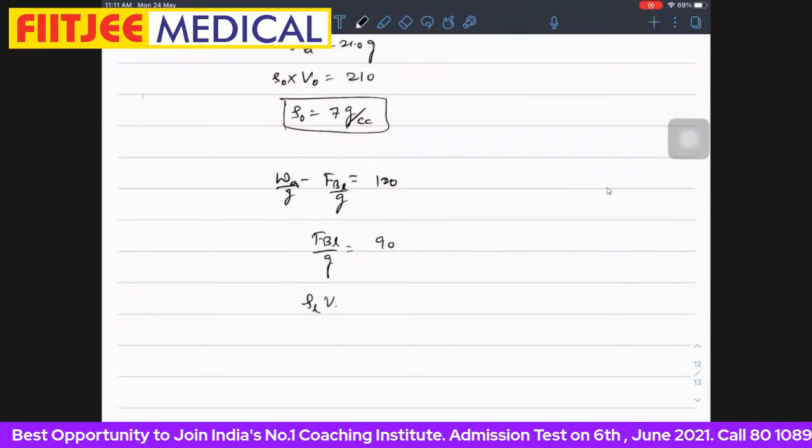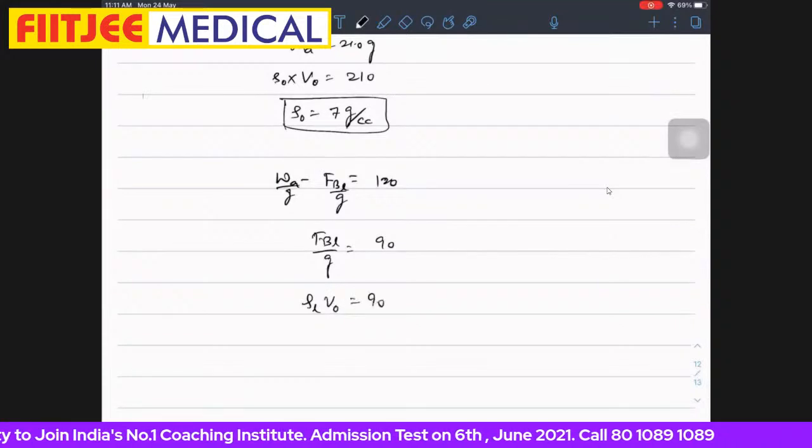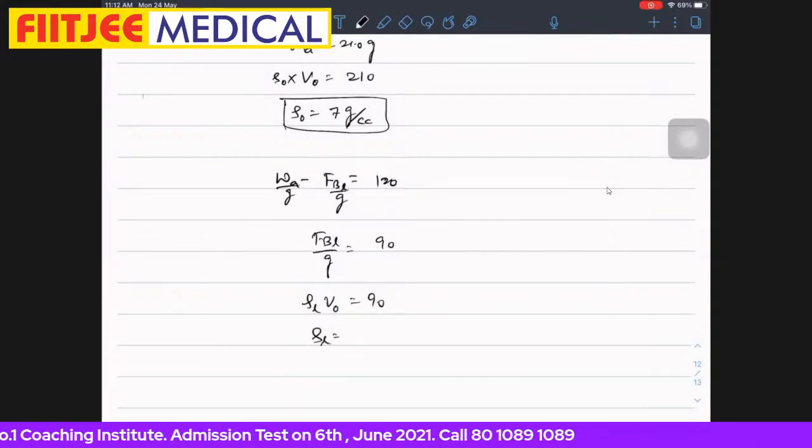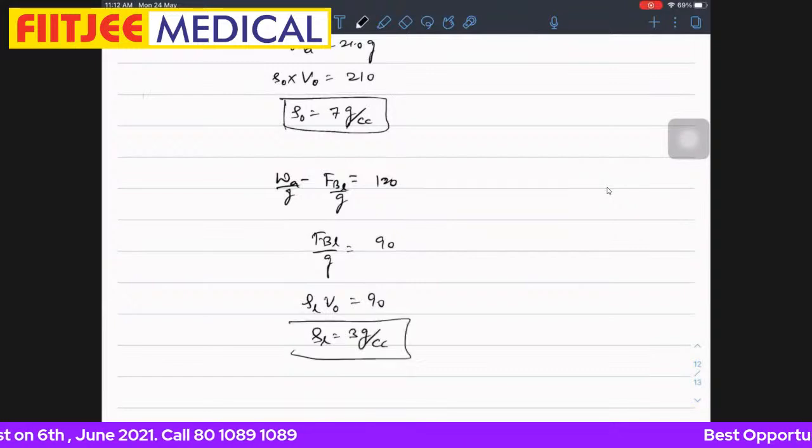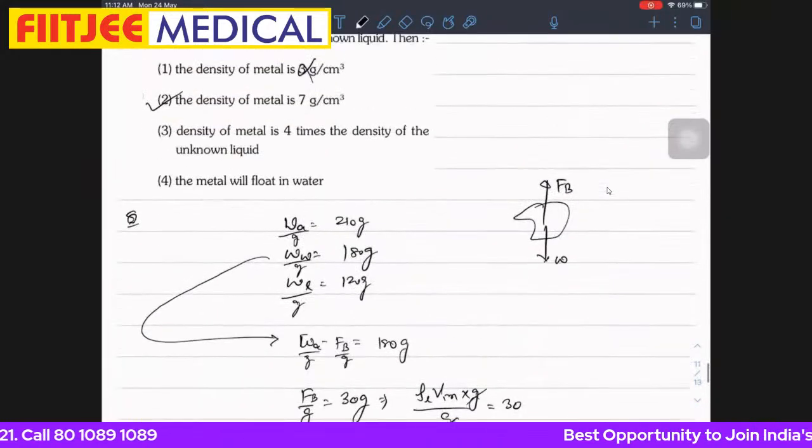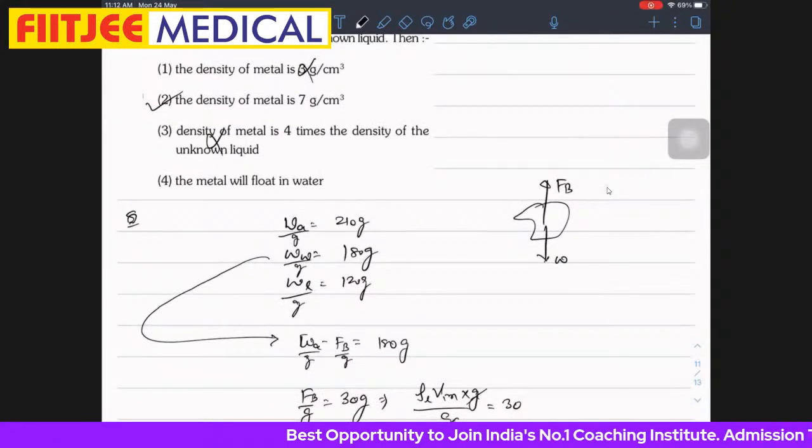So density of liquid into volume of the object is 90. And for the volume of the object I got 30. So this will come to 3 gram per cc. So this statement is also wrong. One is 3, the other is 7. It is not 4 times.